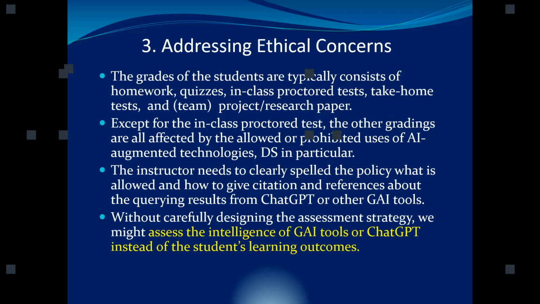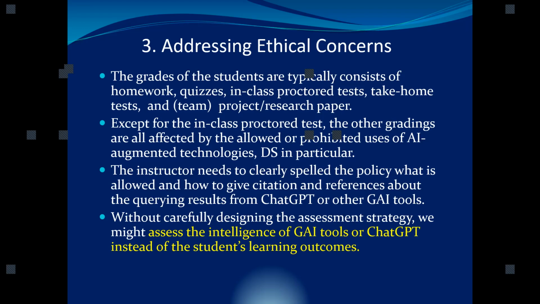So if we are not careful, we are not going to know if we are assessing the intelligence of the GAI tool like ChatGPT, or we are assessing the students' learning outcome, because as we talked in the beginning, the boundary is blurred.